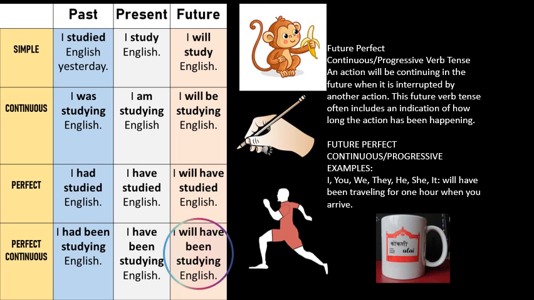The writing is perfect. It is in future. Also, we give indication how long it has been happening. These forms are not often used in colloquial language. This is the final form of tense.